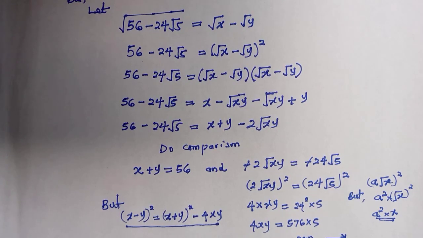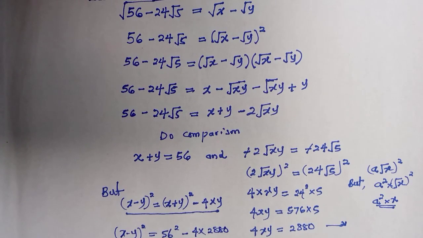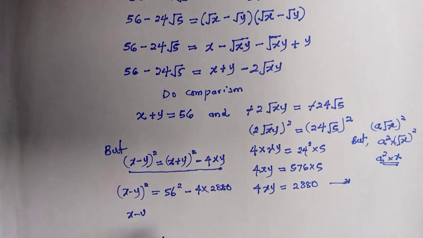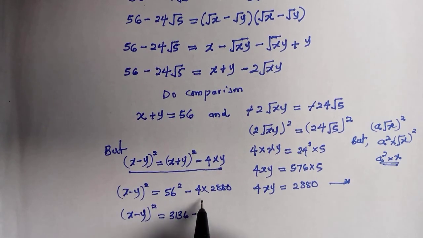I'm going to put it in this expression I just wrote now. So we have x minus y squared equals to x plus y squared, that is 56 squared minus 4xy. All right. But here the x minus y all squared equals to 56 squared, that is 3136.